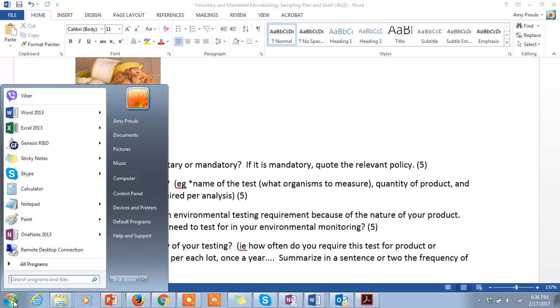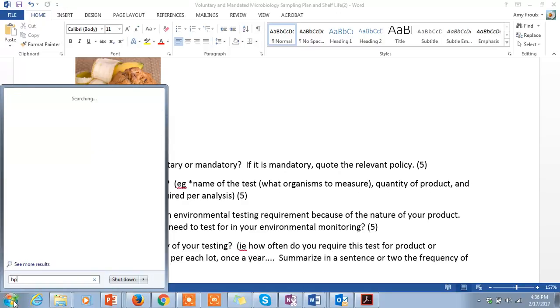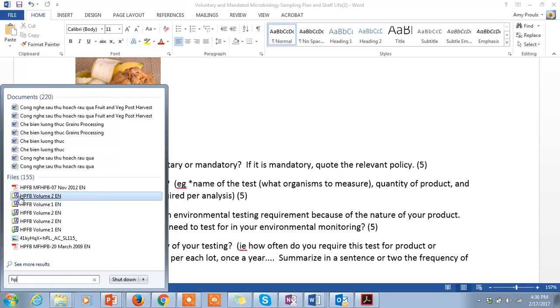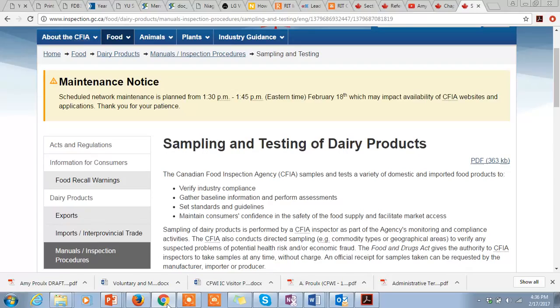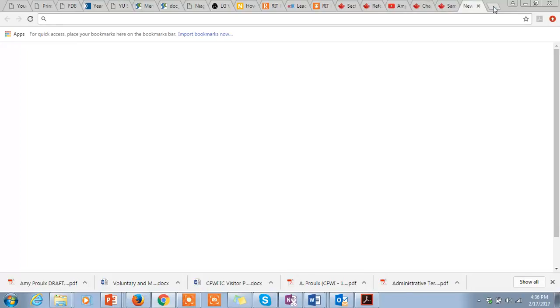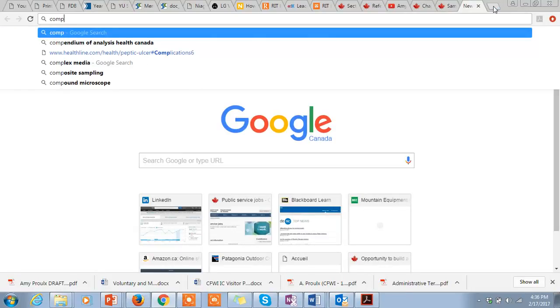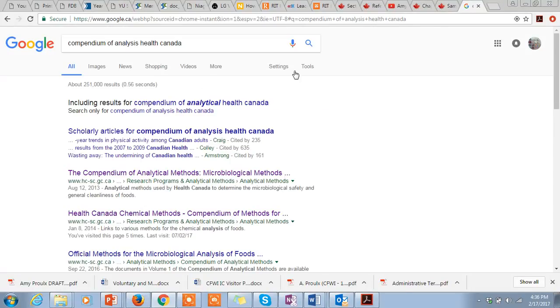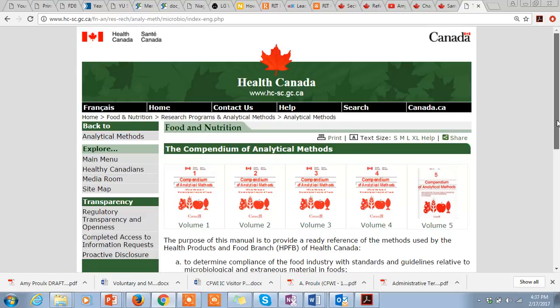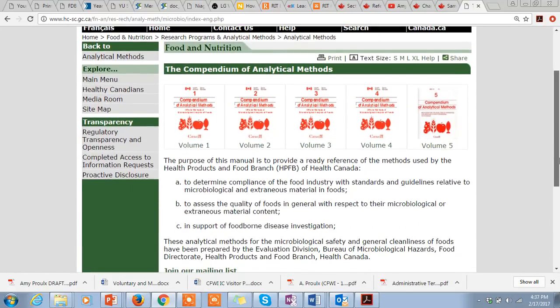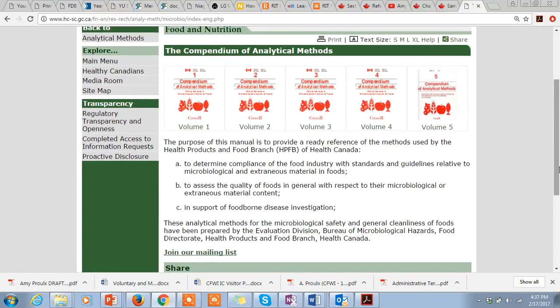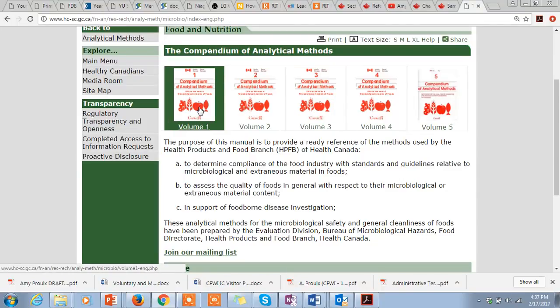If you have not accessed the Compendium of Analytical Methods from Health Canada, I have sent those out to people in your class to share. These are the regulated methods by Health Canada indicating this is the method you should be doing to test your product.